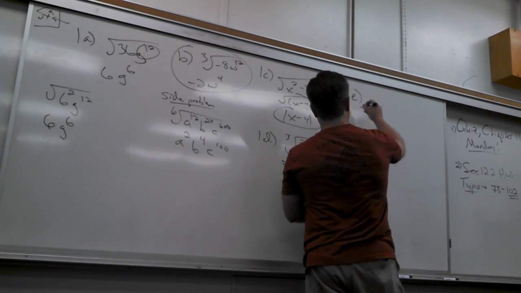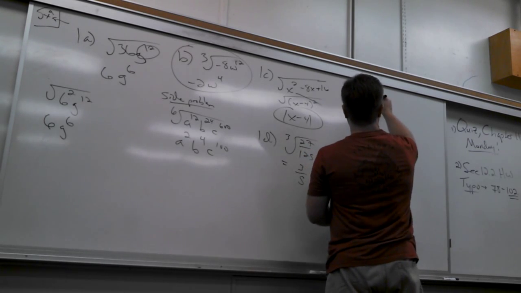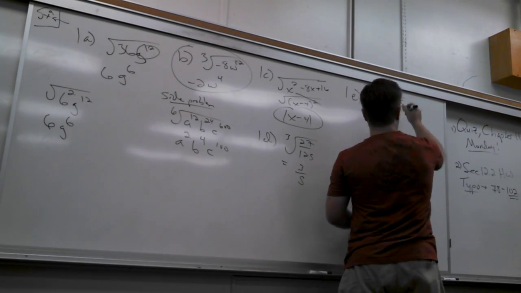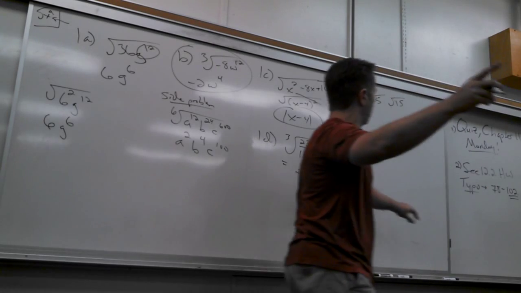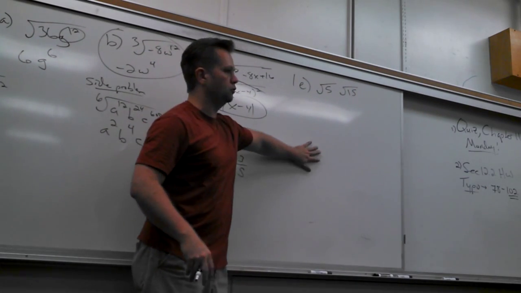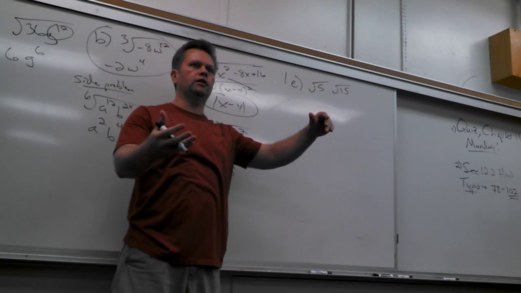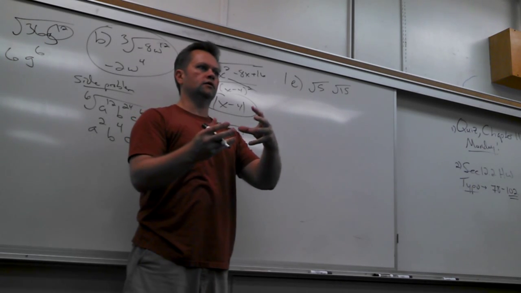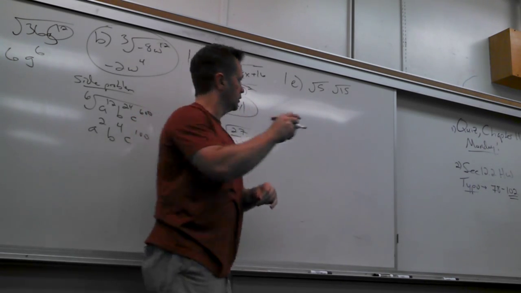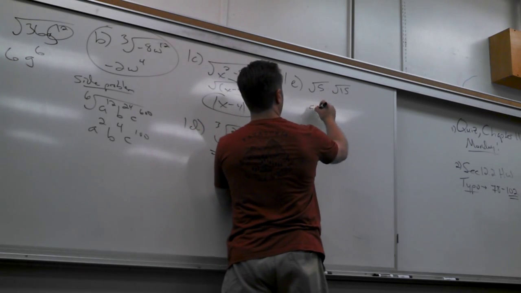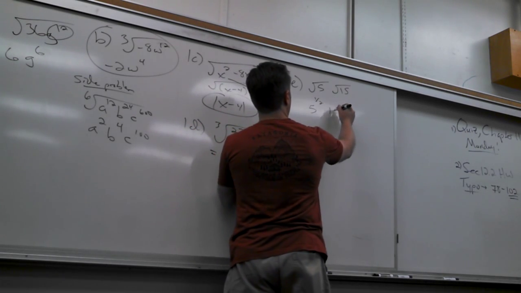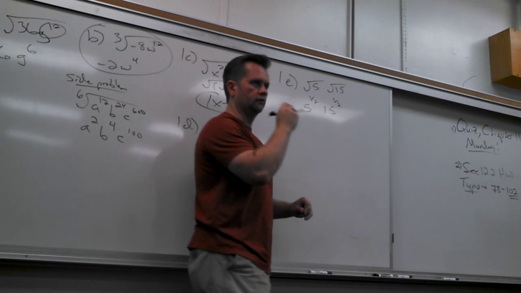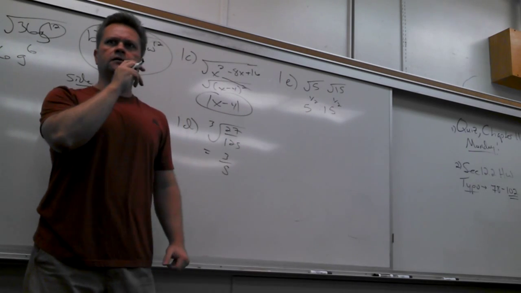Okay. E. So here's the neat thing. Let me show you the long, drawn-out way, which somebody actually came up with on their own, which I thought was really cool. And then I'll show you what that means in terms of a shortcut. So here's a long way to do this, at least the first couple steps. Can't I rewrite this as 5 to the 1/2 times 15 to the 1/2? Can I?